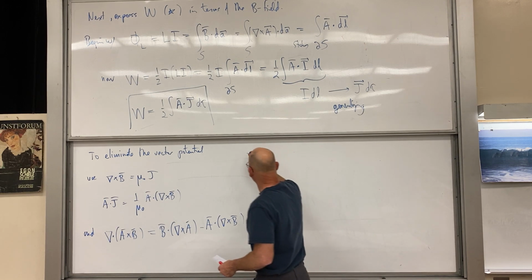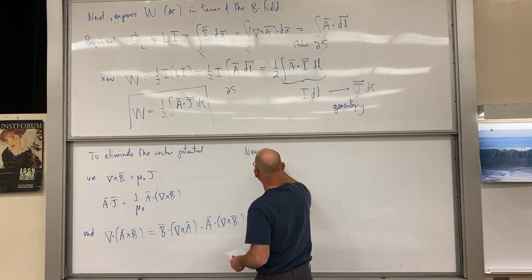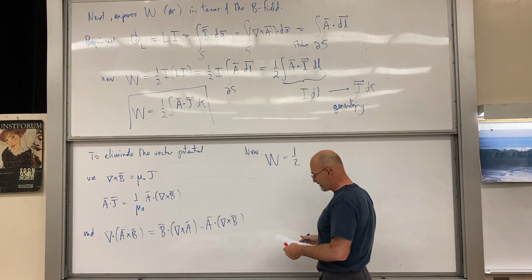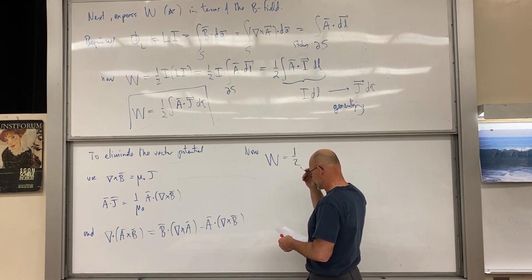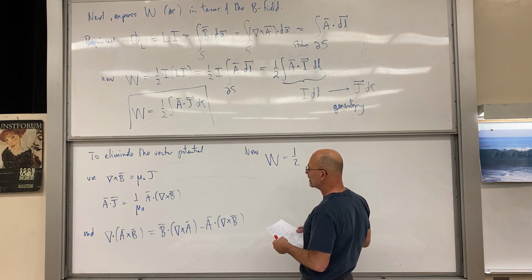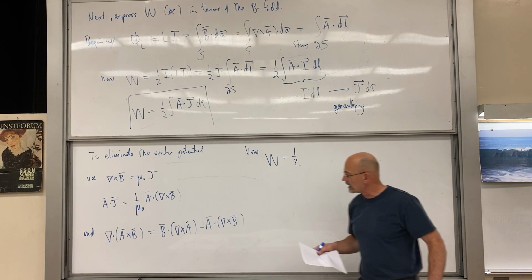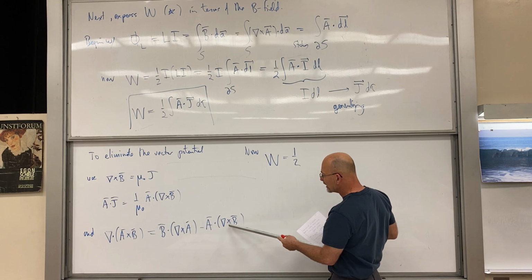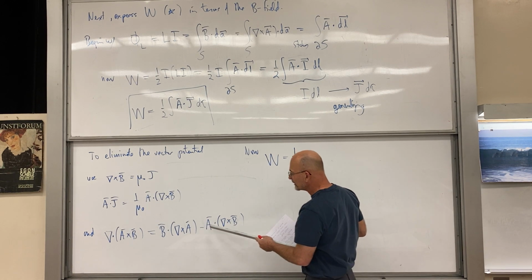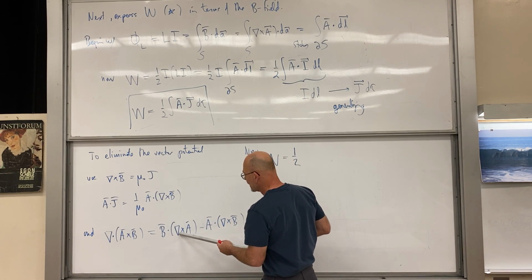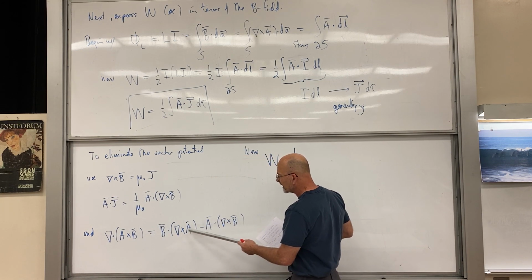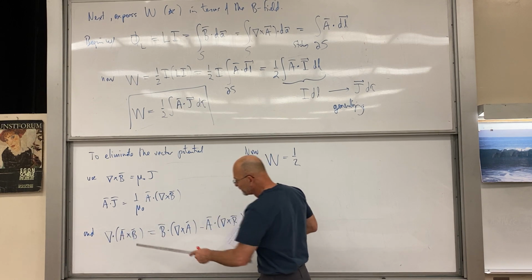So let's see what we have. Now, this W is going to be the 1/2. Okay, before I do that, you can see where I have A dot curl of B, okay? So that's going to be this minus this one, so B dot curl of A minus this divergence expression right here.